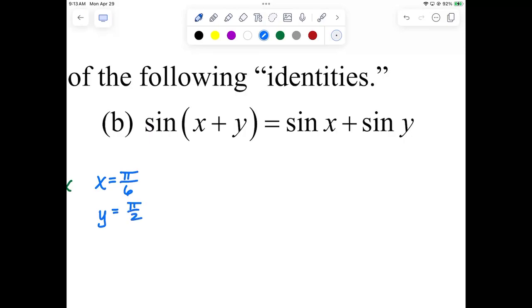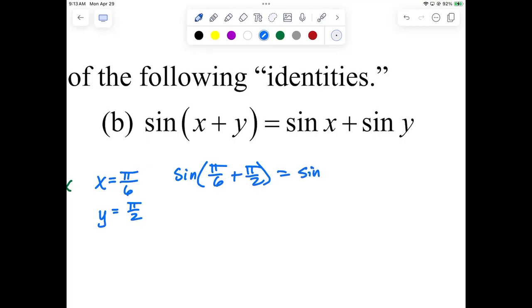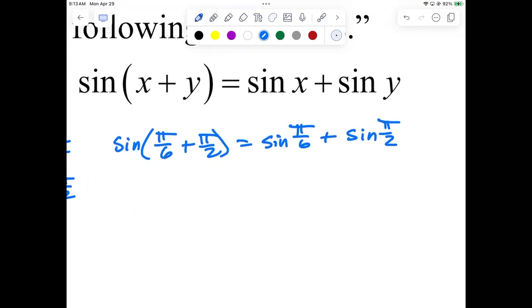Let's do that. So on this side, we get sine of pi over 6 plus pi over 2. And I want to know, is that equal to sine of pi over 6 plus sine of pi over 2? All right, so on the left side, I've got to get a common denominator, which is 3. So that's 4 pi over 6.